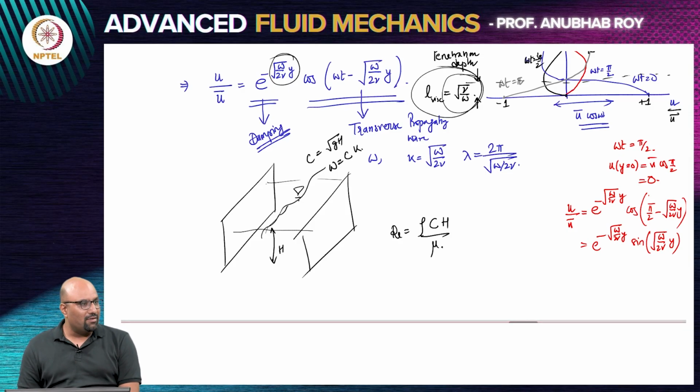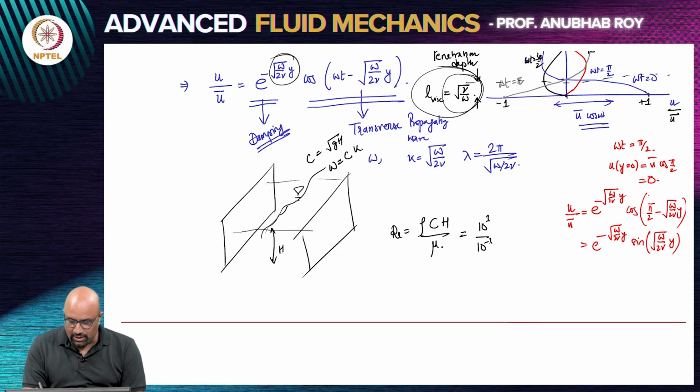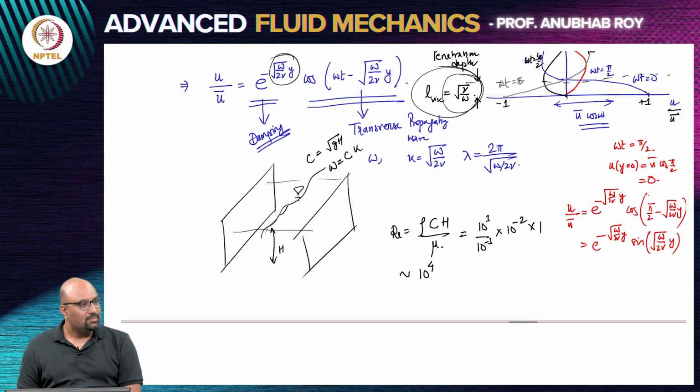If you plug in values for a water-like medium, a wave moving a few centimeters per second over a depth of around a meter, then rho is around 1000, mu is around 10 to the power minus 3, c is around a centimeter per second, h is around a meter. Automatically you arrive at a Reynolds number which is very large. So, in the bulk, dissipative effects are negligible. There is not a lot of dissipation going on. When you are looking at a meter deep layer of water which is being excited and has waves propagating, the bulk dissipation is not very strong.